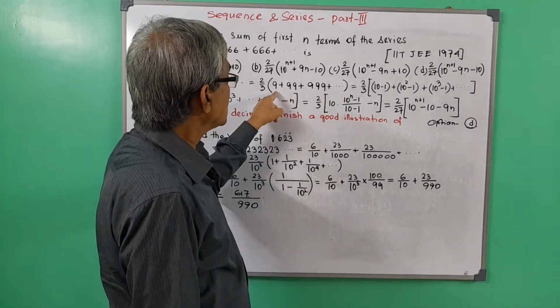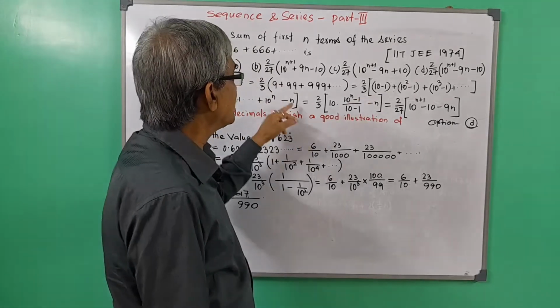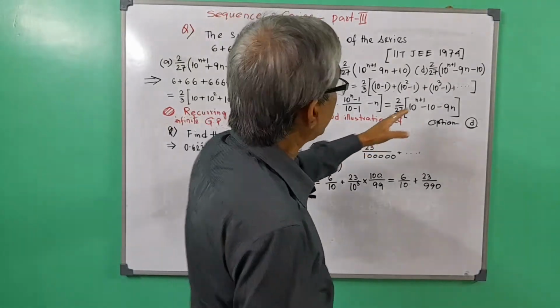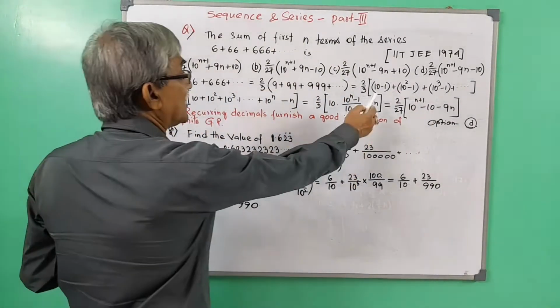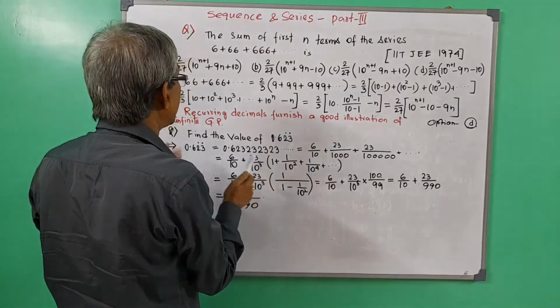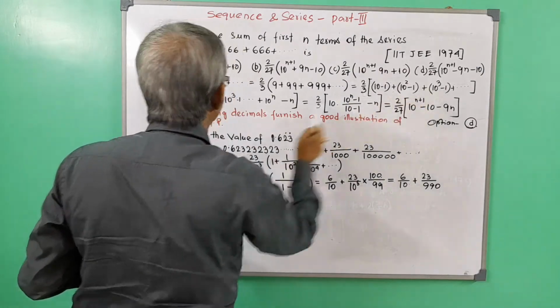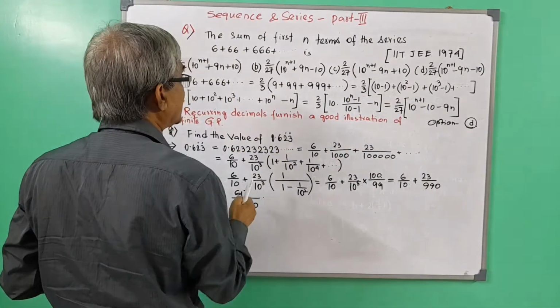Now why don't you write 9 as 10 minus 1, 99 as 10 square minus 1, 999 as 10 cube minus 1, plus this way. So this will be constituting a GP, 2/3 whole, 10 plus 10 square plus 10 cube, and a minus 1. How many times of minus 1 are there?